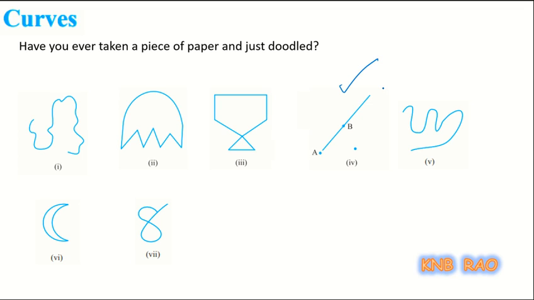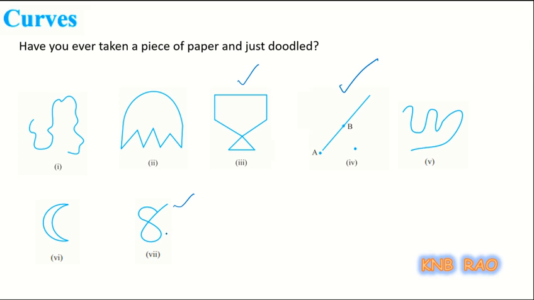Observe the curves in the third one and in this seventh one. Do you find any difference between the rest of them and this third one and the seventh one?